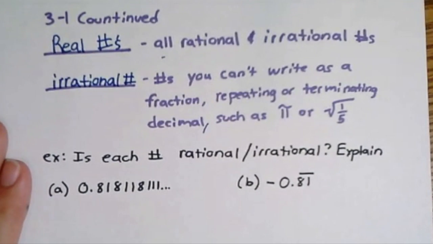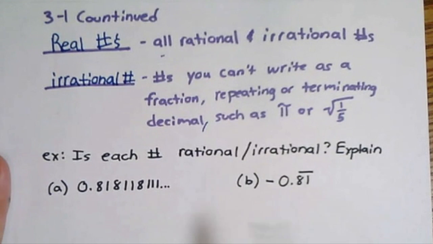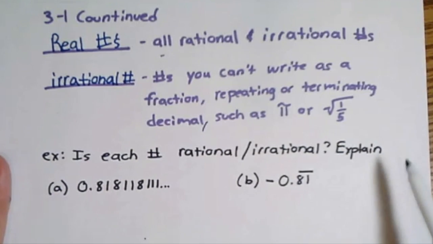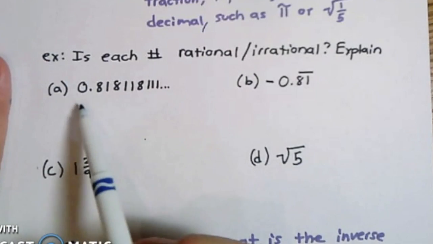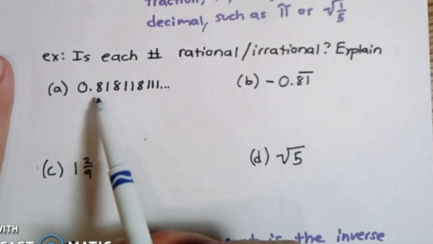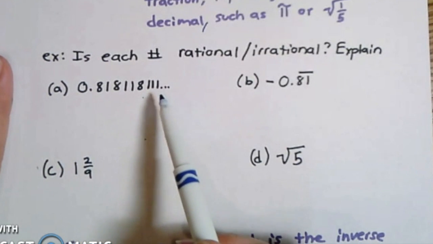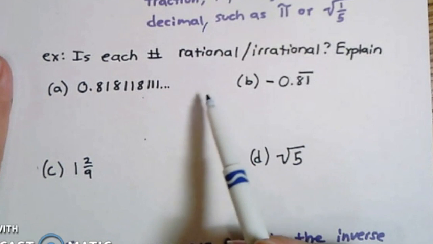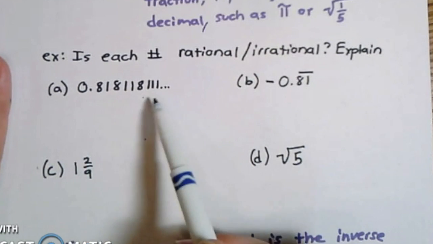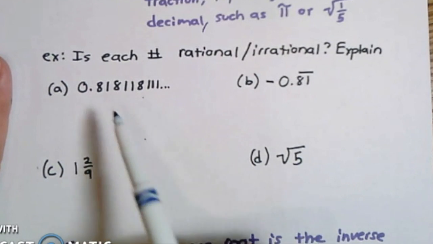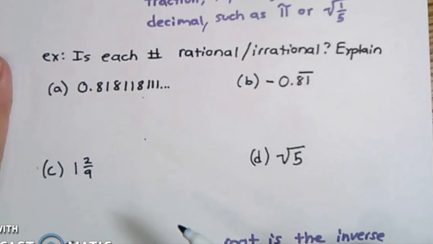So you're going to be asked sometimes to define whether or not the number is rational or irrational and explain it. Let's look at this one. A, 0.818118111 dot dot dot. It means it goes on and on and on. All right, you realize that there is a pattern here, but is it repeating?